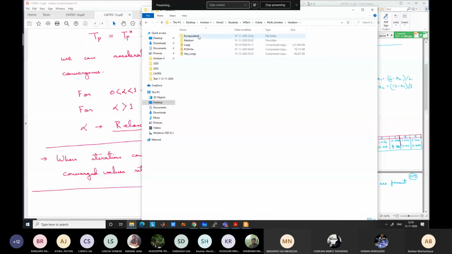Okay, not this one. Let me show you this, because today I have time. How the cases actually run if you write a code. While we keep on discussing, we'll just run it on the other side.